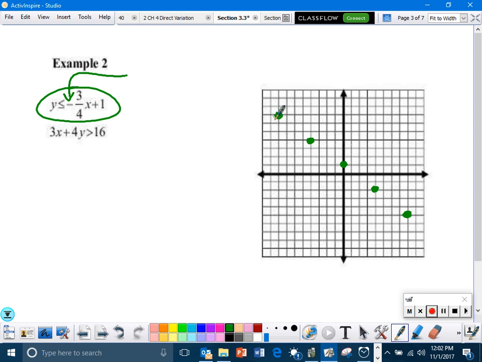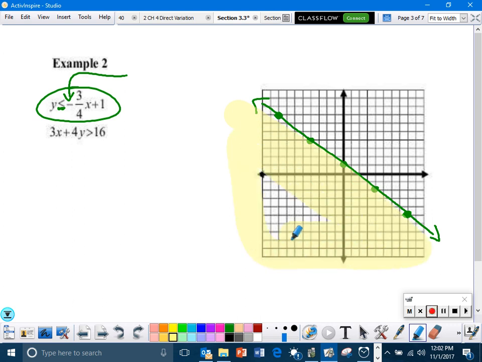It also has an equal to underneath, so that means the line is going to be a solid line. And I can shade that one. Less than means shade below, so I'm going to shade below the green line.